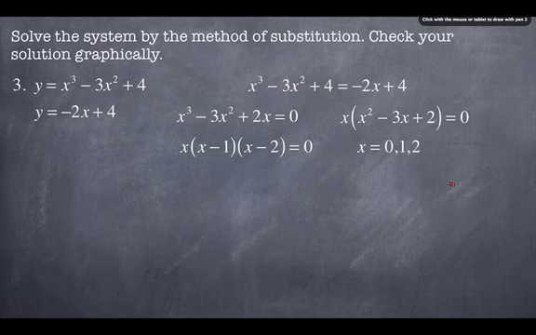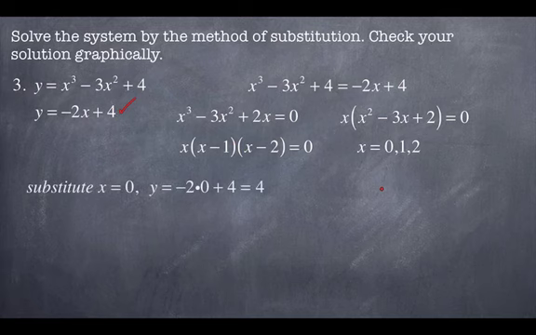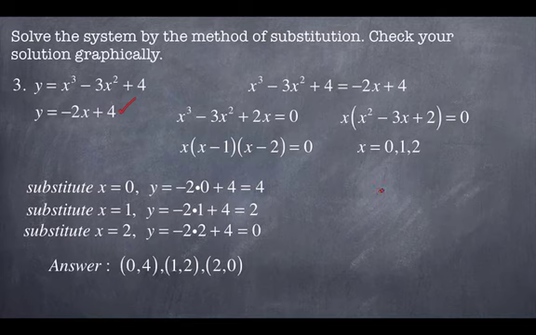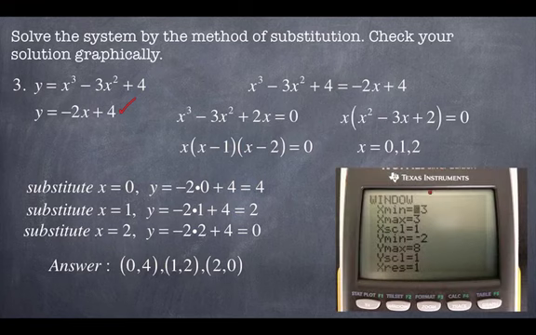And then at this point, you're going to substitute x equals 0 into the second equation. And you get y equals 4, x equals 1 generates y equals 2, x equals 2 generates y equals 0. And here's the answer. Now let's do this graphically. This is the window that you want to work with. -3.